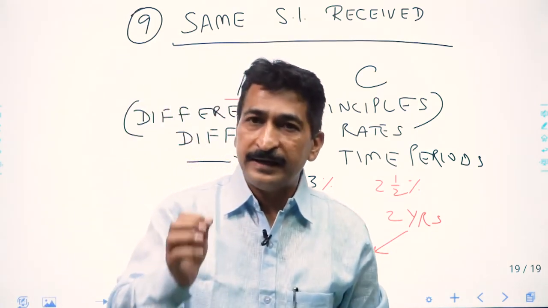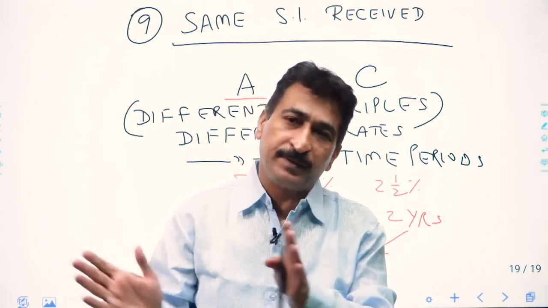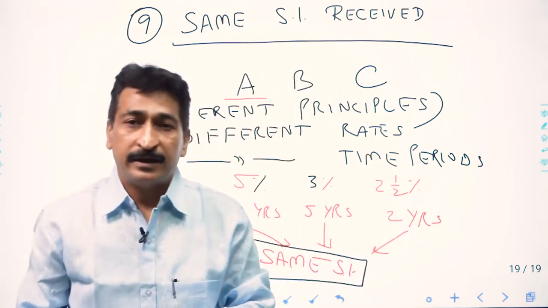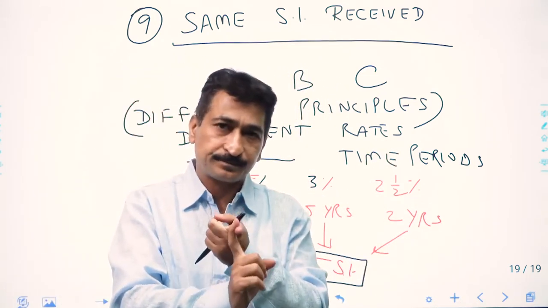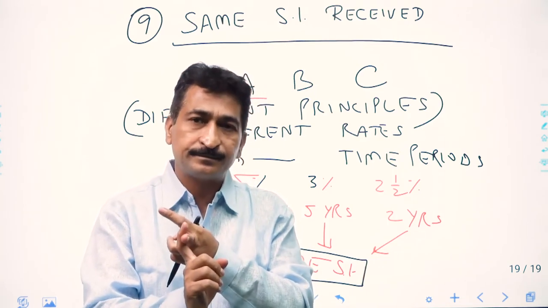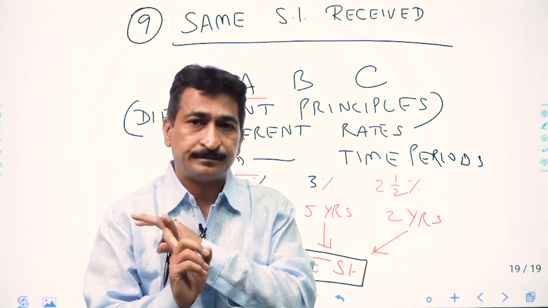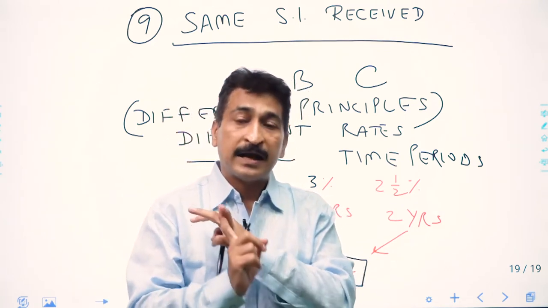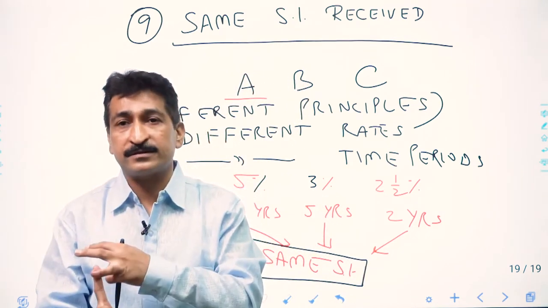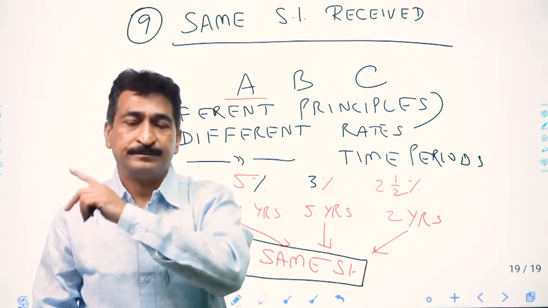If I receive the same simple interest in each case, even though the money is different, rate is different, and time period is different, still I am getting the same simple interest from all the three.